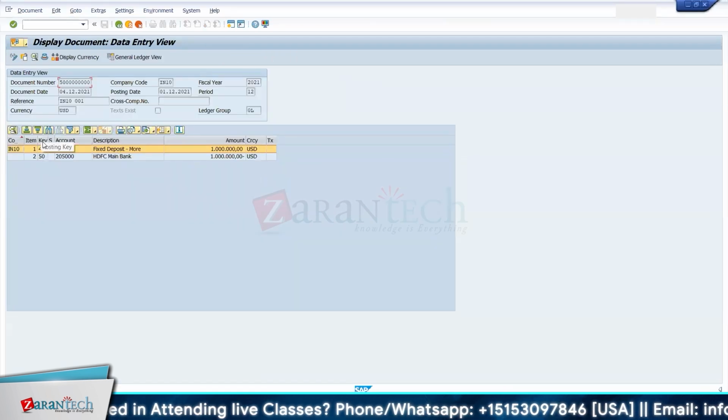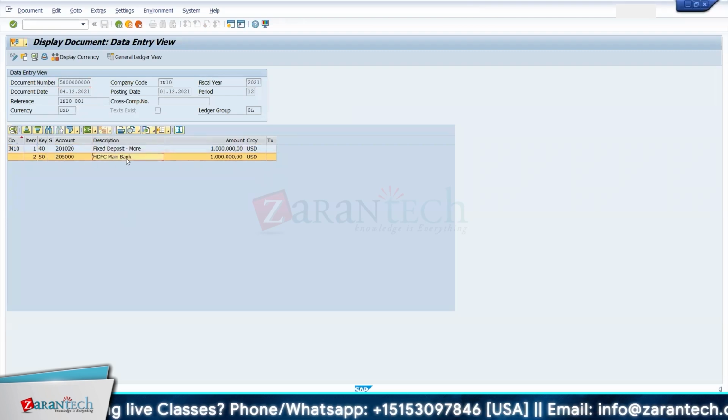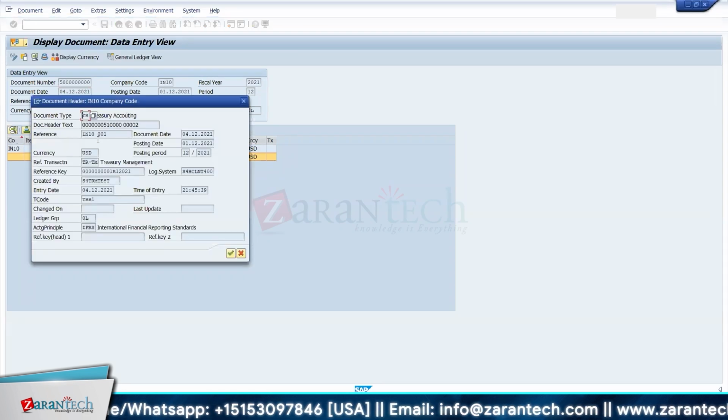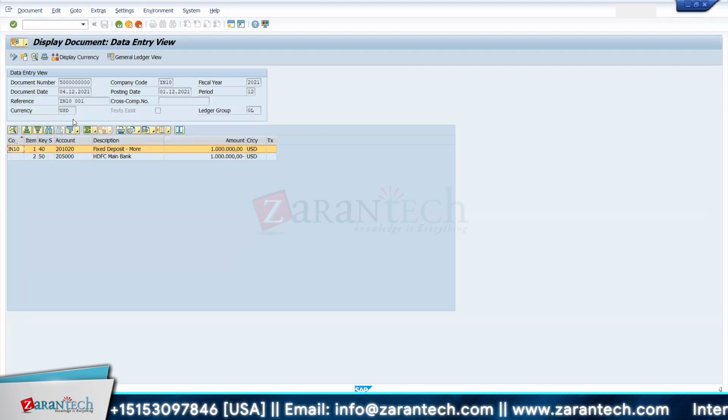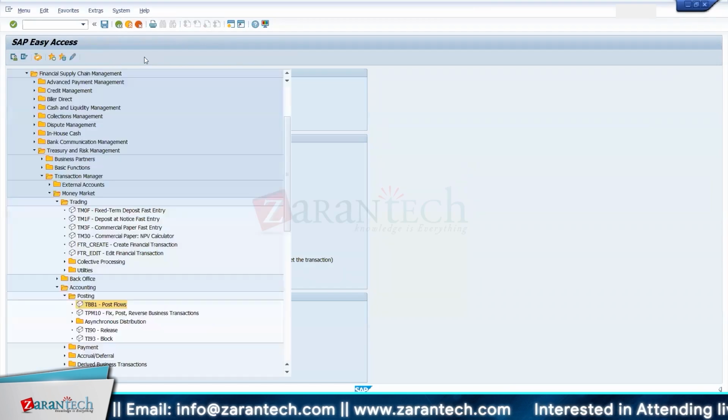So this is the accounting entry, fixed deposit and bank main account credit. Okay. And if you go to the header, you can see the document type TR, whatever we have updated in the configuration, right? And this is the basic posting.